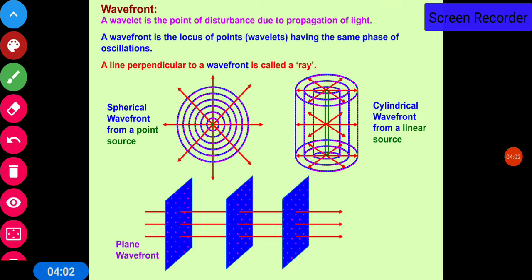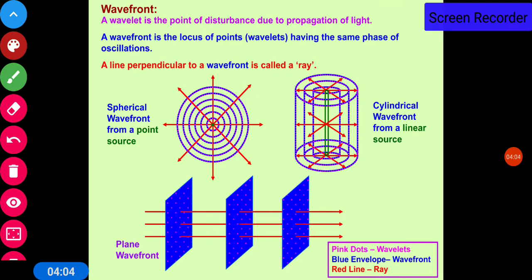And how is the plane wavefront obtained? When a source is very far away, whether it is a point source or a linear source, the rays of light become parallel to each other, and in that case the locus of all the points will be of the shape of a plane, as shown in the figure.